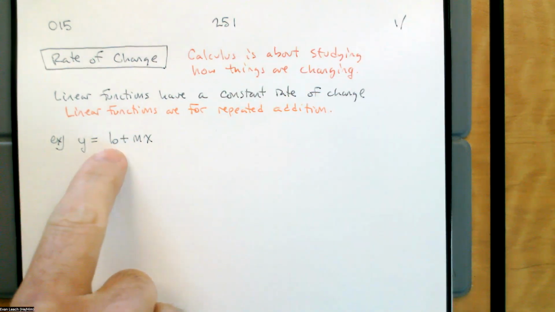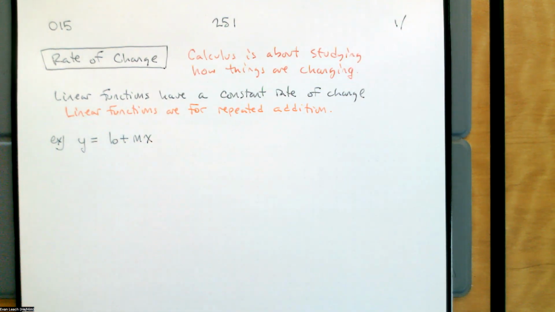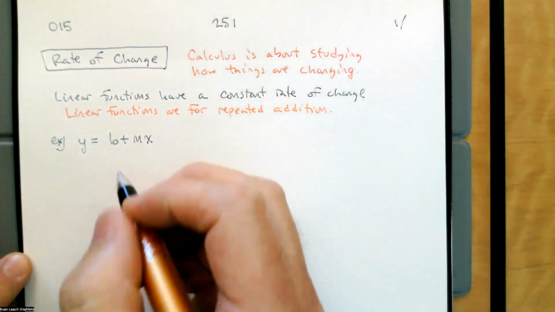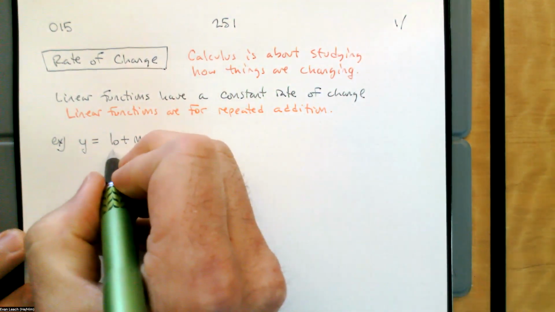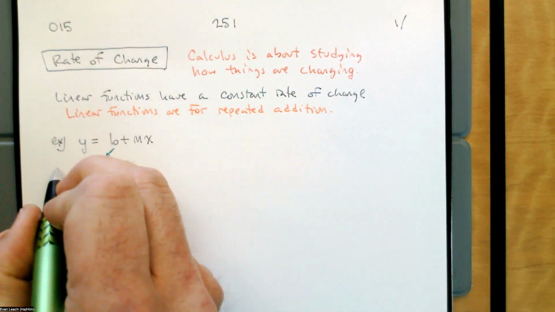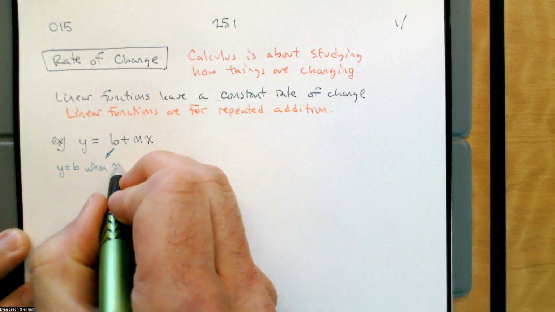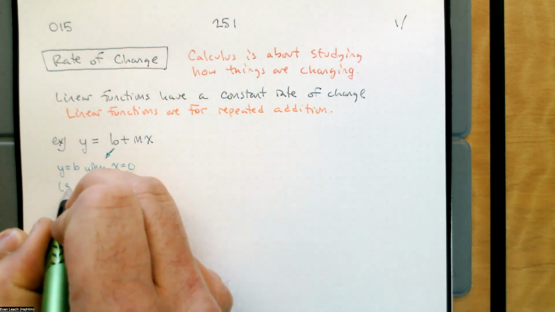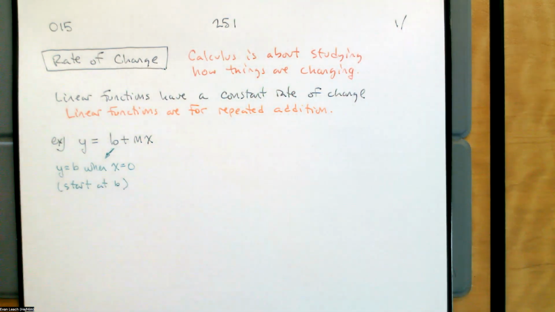But that's what this equation says. This equation says y is b when x is 0, and we're going to add m a bunch of times. x is just standing there for a bunch of times. So this says y is b when x is 0. I'm going to use green for go. That's where it starts. And then the next thing it says is plus m, add m times x a bunch of times.